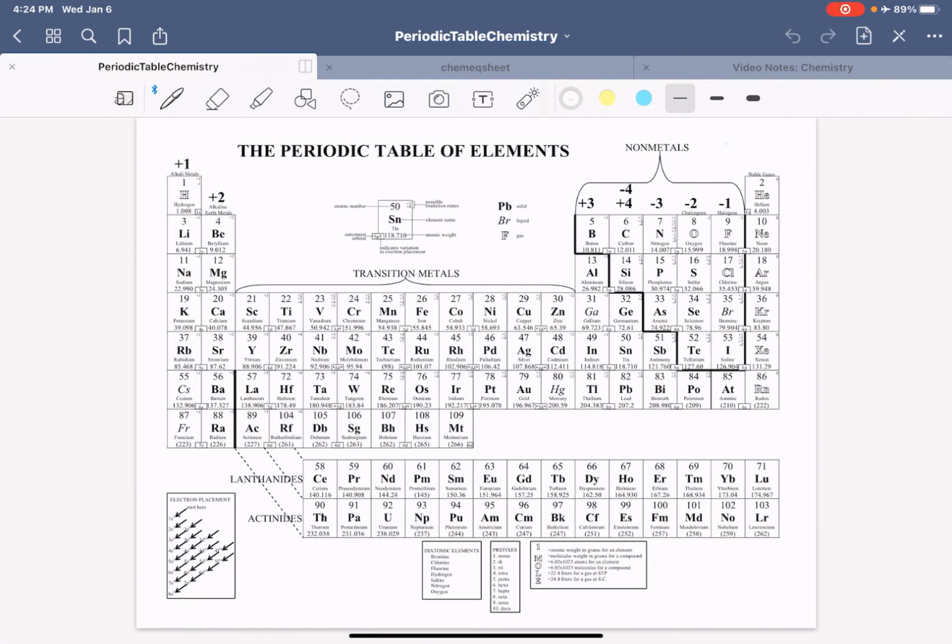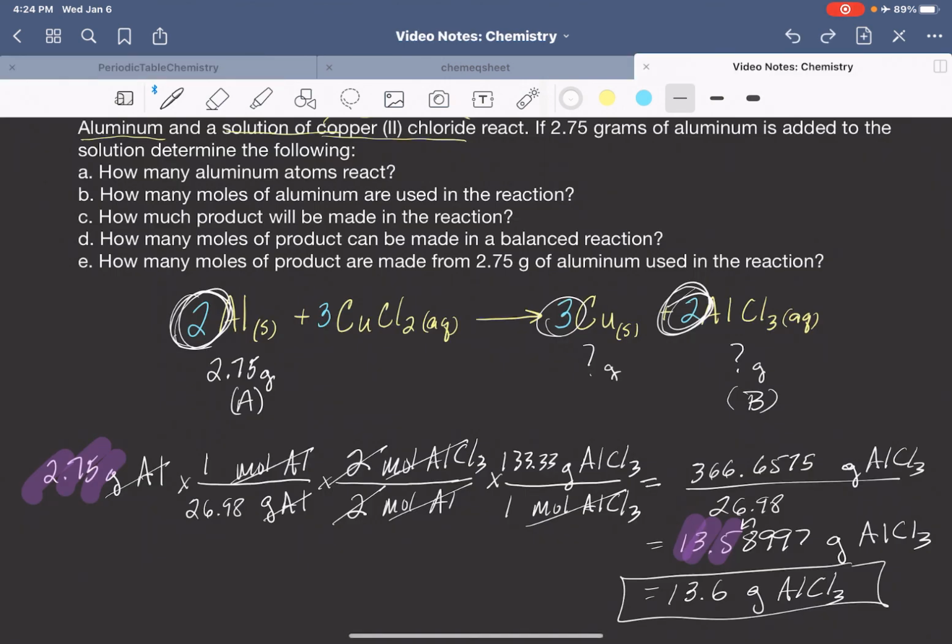So if you think about it, it makes sense that much of the mass that we're calculating for is right here in the excess reactant. However much is actually used in the reaction is combining with the aluminum over here like this.